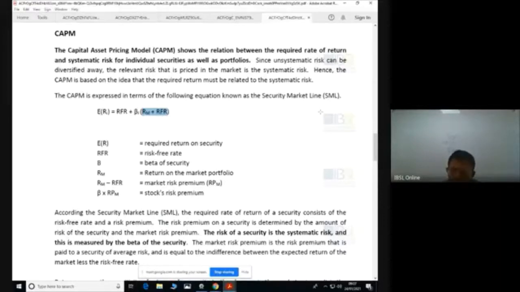Why do you pay more? Say you are a very good, reputed bank, AAA rating bank. Remember, we have learned about credit rating agencies; we'll be learning them later in detail. So why do you pay more than the treasury bill 1-year rate?